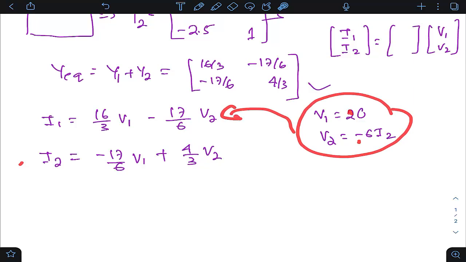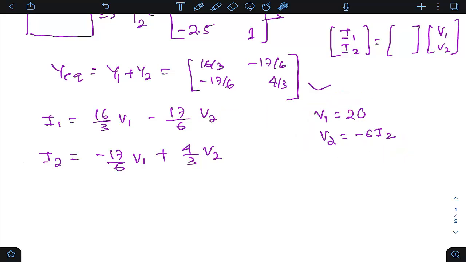If you do it, this equation will be in terms of what? One second, students. I2 equals, is that fine, everything?